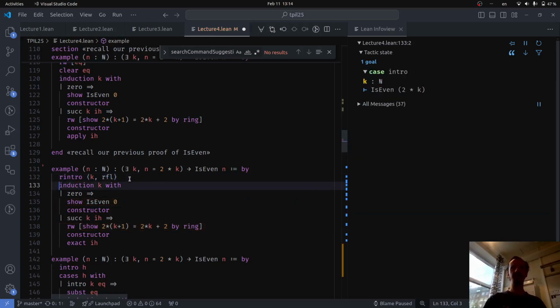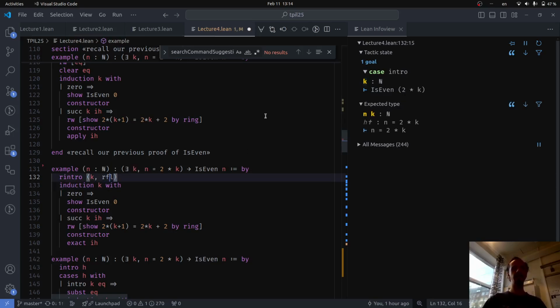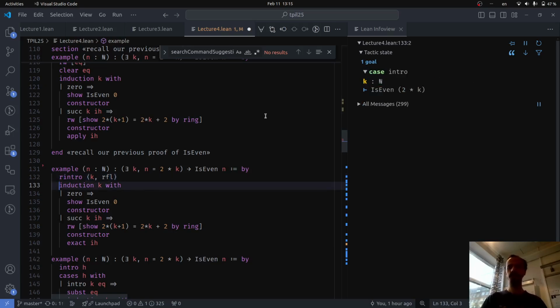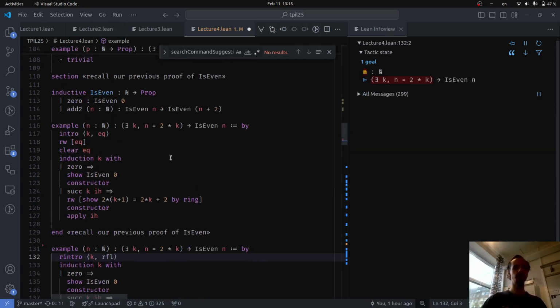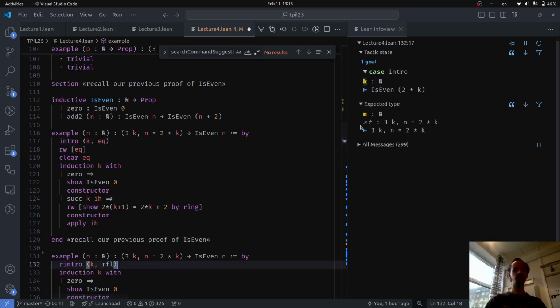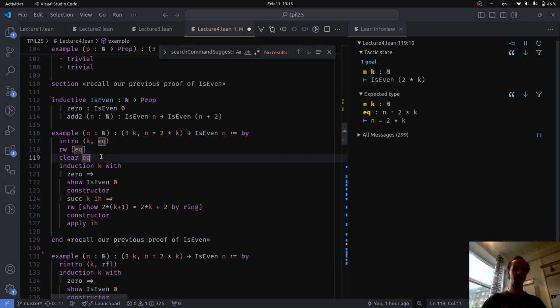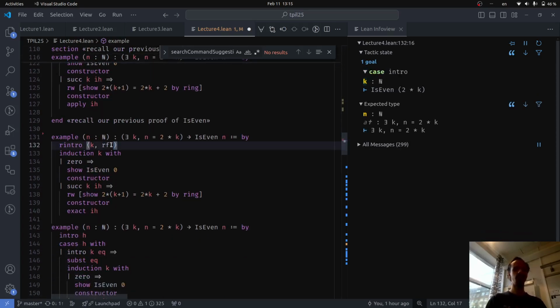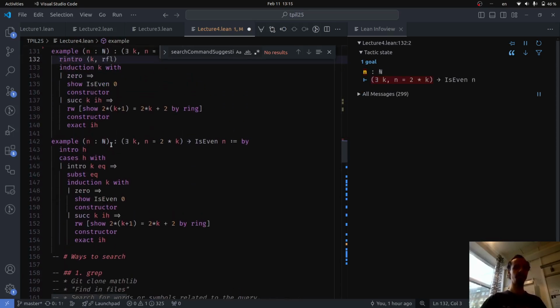What this does is it pattern matches on the equality and immediately replaces all occurrences of one side, which is a variable. Here our equality was n equals 2 times k. So when we use REFL, it replaces all occurrences of n with 2 times k and deletes it, which is basically exactly what the 3 lines from before did. So this is just another way of doing it, which is shorter.